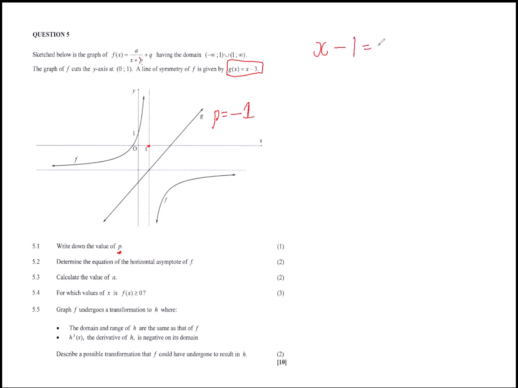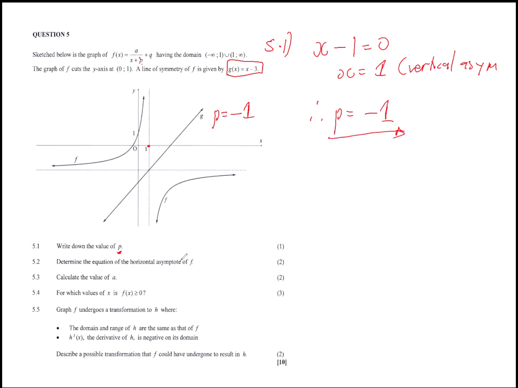So x minus 1 equals 0, then x equals 1, which represents the vertical asymptote. That's how we concluded that p needs to be negative 1. Because our vertical asymptote was positive, p has to be substituted as negative. So note that trend. So 5.1, that's our p value.